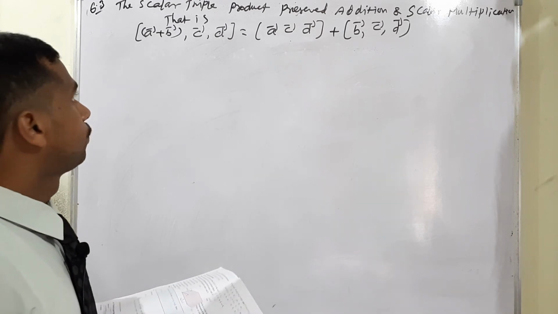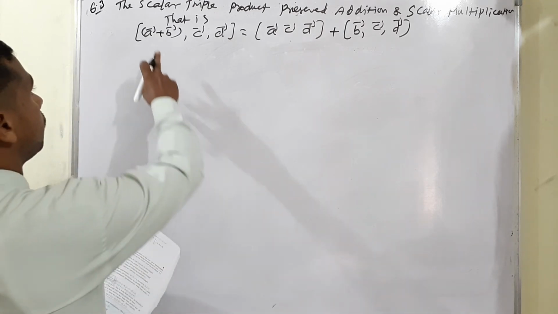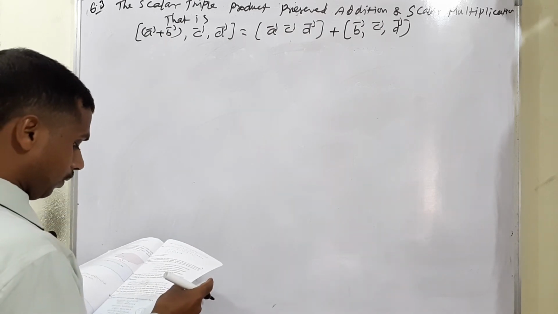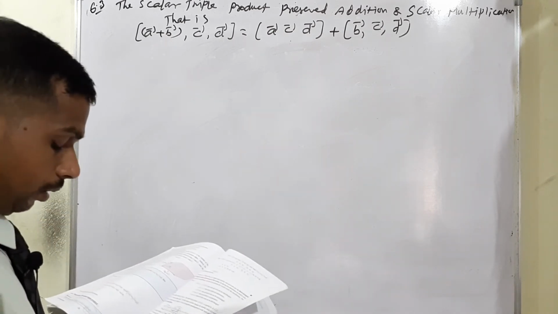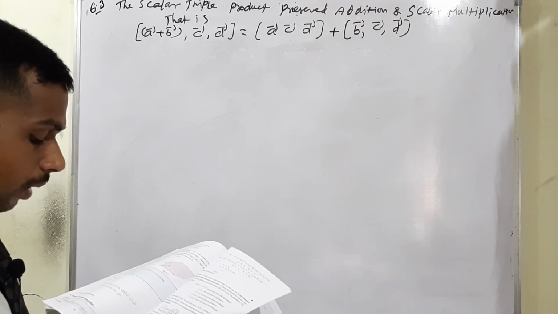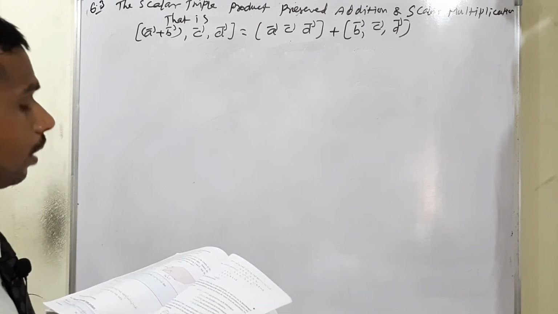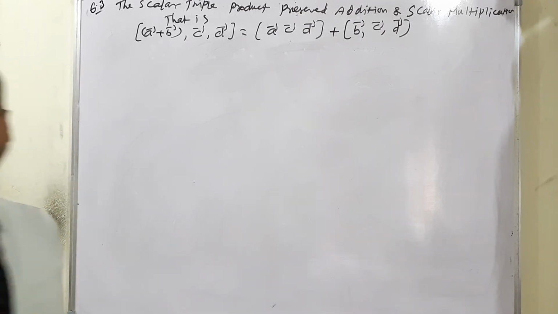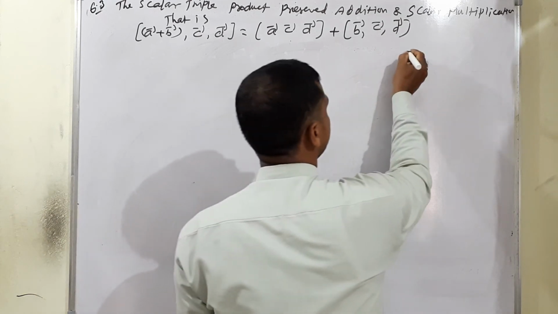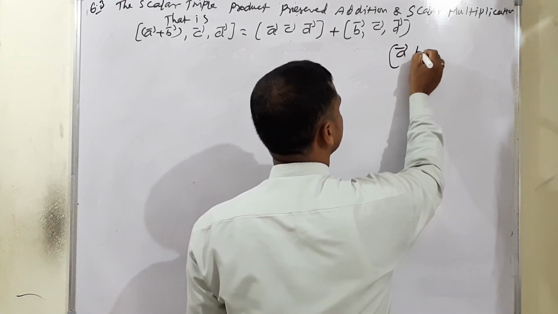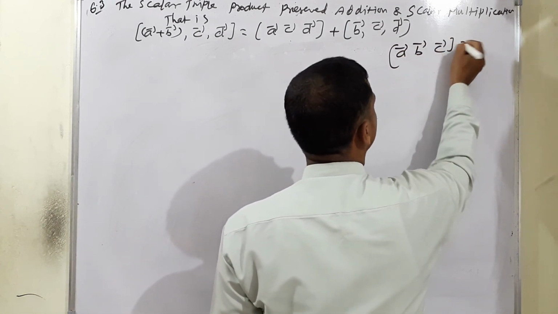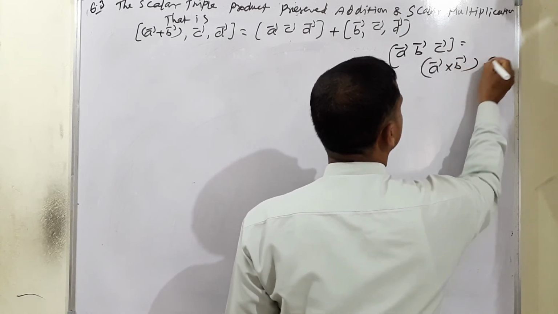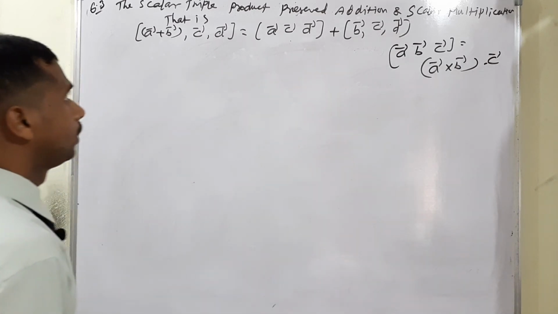The first one: the bracket of A vector plus B vector, comma C vector, comma D vector is equal to A vector, C vector, D vector plus B vector, C vector, D vector. I will prove it. The scalar triple product, the box product of A vector, B vector, C vector, is A vector cross B vector dot C vector.